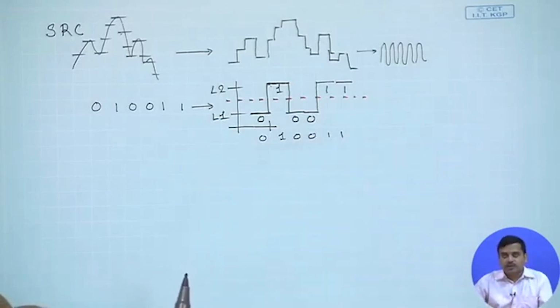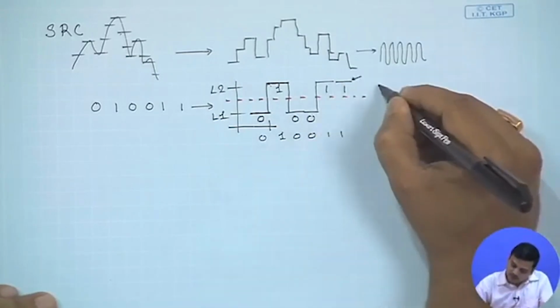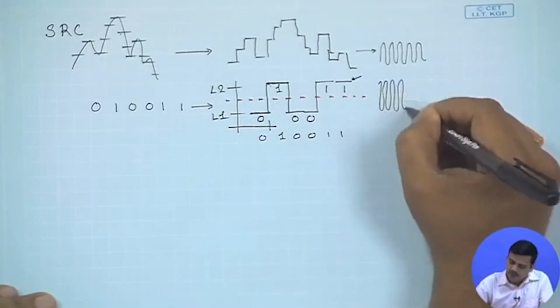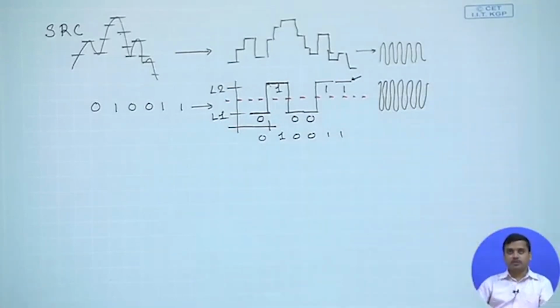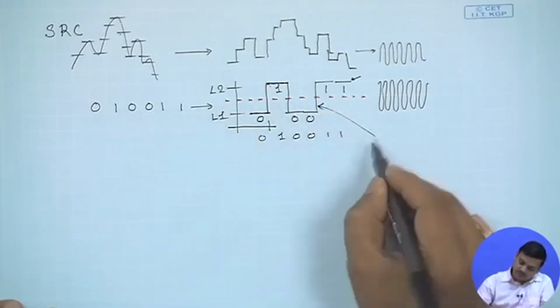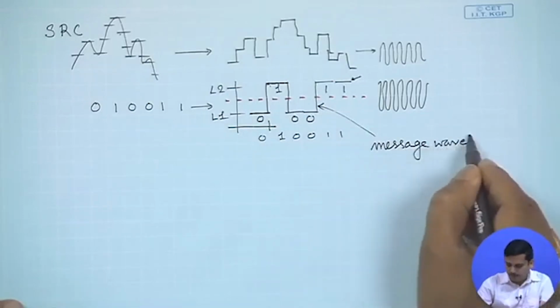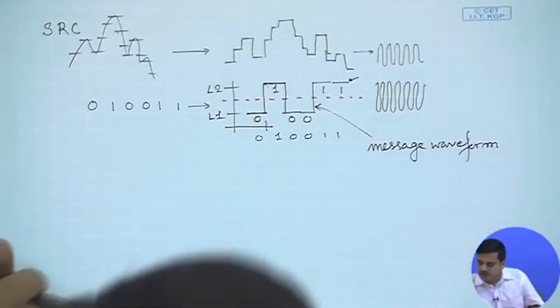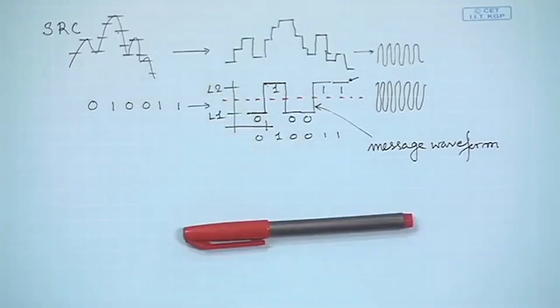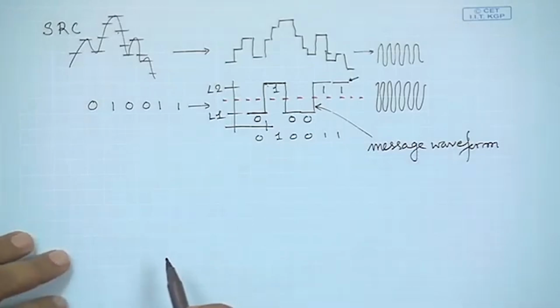This is what we said. At this point I could use this signal to modulate a carrier, and the entire study of analog communications would come into play. The message waveform is this particular waveform, and today we will take off from this point and continue there.